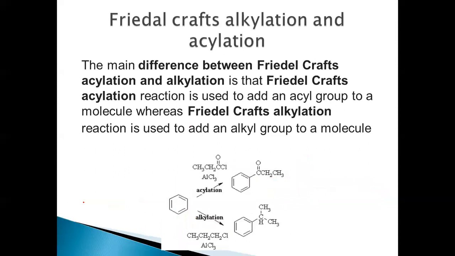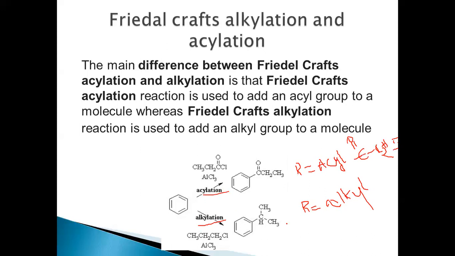Now let's see what is Friedel-Crafts acylation and Friedel-Crafts alkylation. If the R group on the substituted benzene is an alkyl group, then it is called Friedel-Crafts alkylation. If it is an acyl group, COR, or COC2H5 in this case, then it is Friedel-Crafts acylation.